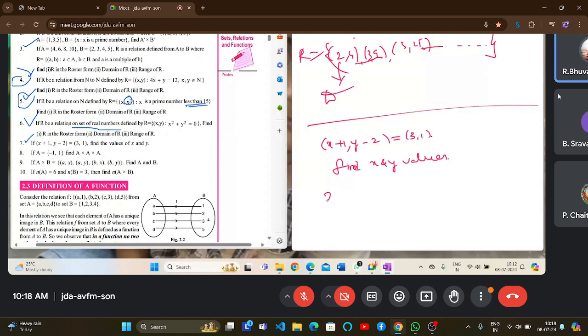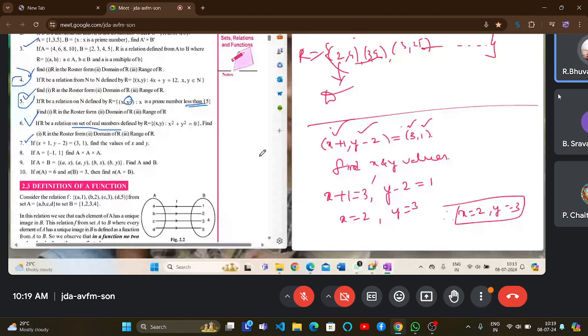That's why x plus 1 equals 3 and y minus 2 equals 1. The first term is equal to the first term, and the second term will be equal to the second term. So x equals 2 and y equals 3. Therefore the x value is 2 and the y value is 3. Problem is over.